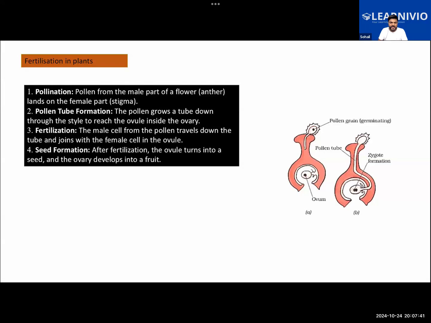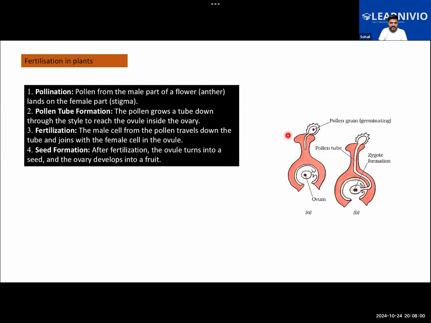For fertilization to take place in the plant, the first step is pollination, which we have learned about. In this, there will be transfer of pollen grain from the anther to the stigma. Where is the anther present?